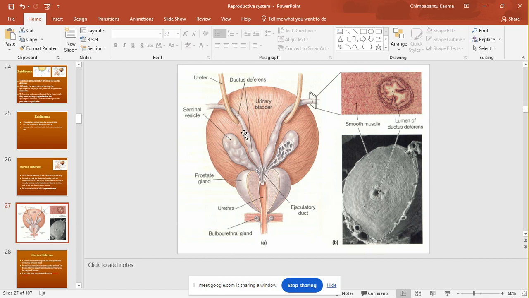So as the ductus deferens is coming, it joins the duct that is coming from the seminal vesicle, and when it does, it forms what is known as the ejaculatory duct. The ejaculatory duct is very small, about 2.5 centimeters, and it pours into the prostatic urethra, as you can see. So it's very easy.